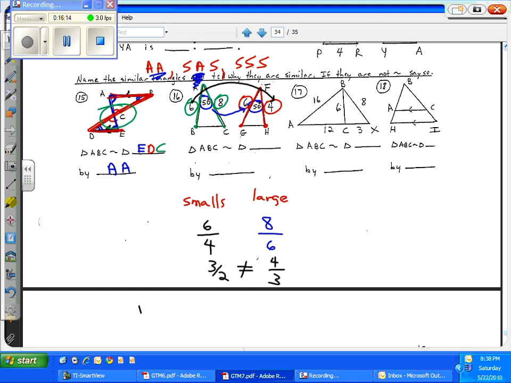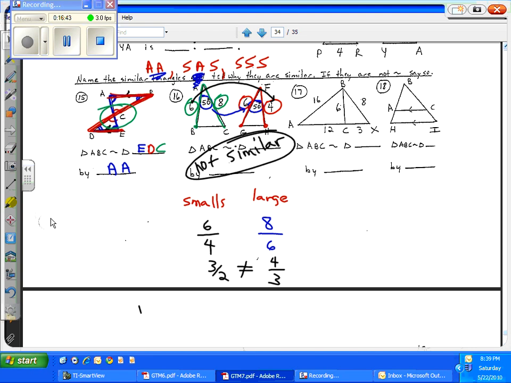Those are not equal, therefore they are not similar. We are not going to put no conclusion. We can reach a conclusion. Our conclusion is that those are not similar because the sides are not proportional. Okay?